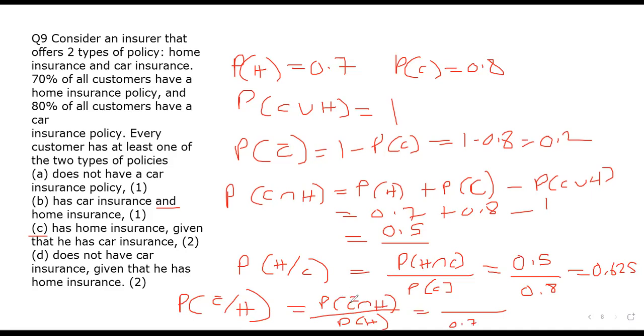Then C complement intersection H. So whenever the complement is on this letter, just make the other letter the subject. Since the complement was on C, make H the subject using theorem 2. Remember I said if you have two intersections, H intersection C, H intersection C complement, the complement should be on the other letter. If there's H there, the complement should be on C.